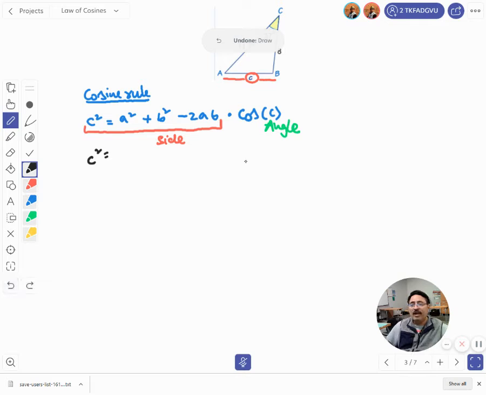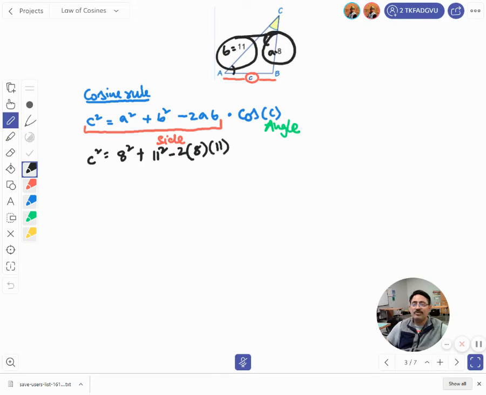If this is angle A, then the side opposite to this one is supposed to be A. Therefore, A is 8, and B is 11. So 8 square plus 11 square minus 2 times 8 times 11. Don't get confused, I'm taking those values from the diagram.